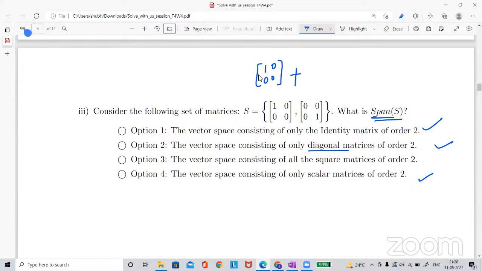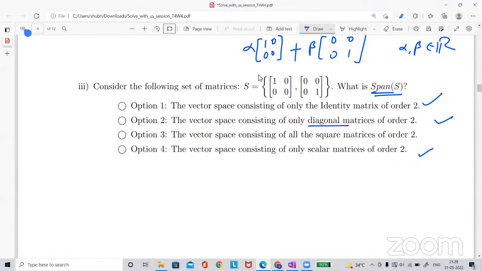Let's say alpha times 1, 0, 0, 0 plus beta times 0, 0, 0, 1, where alpha and beta can be changed. These are real numbers. A span is actually a vector space, or if you prefer the wording, always a subspace. It will be a subspace of M2 cross 2 over R.